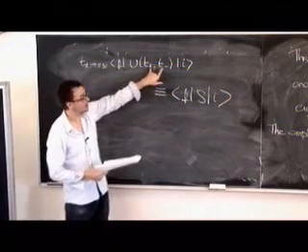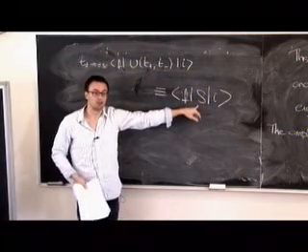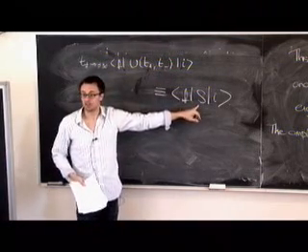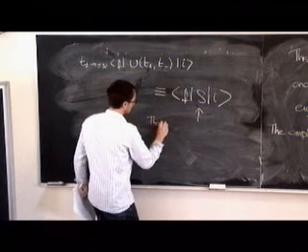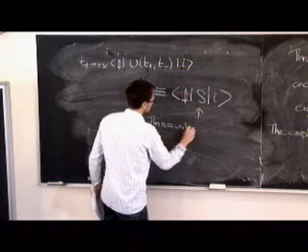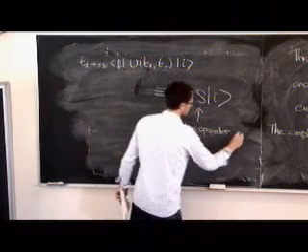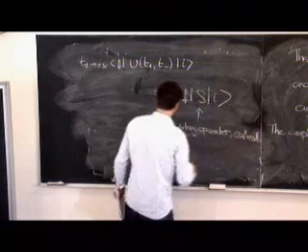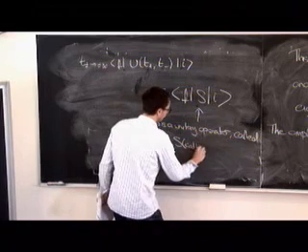So this operator going from minus infinity to plus infinity is called S. It's a unitary operator that's called the S matrix. So S for scattering.